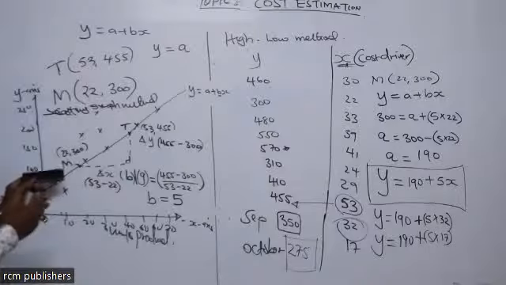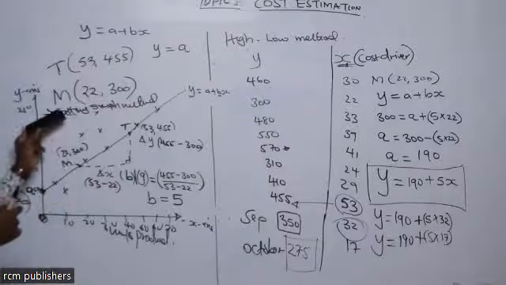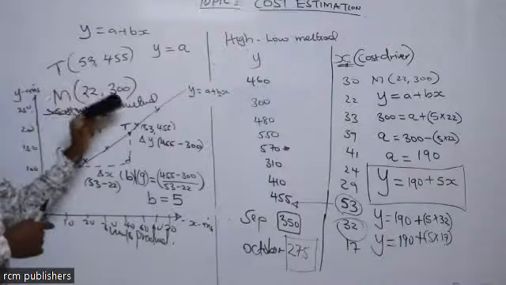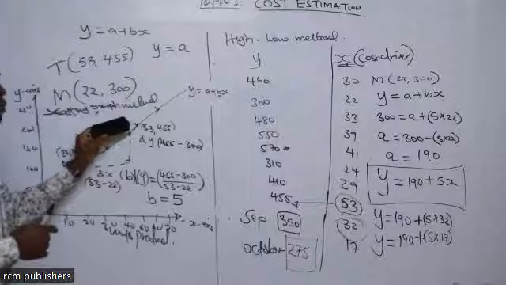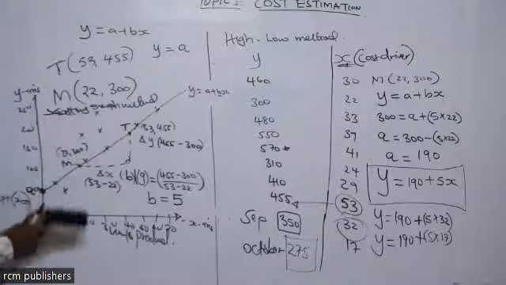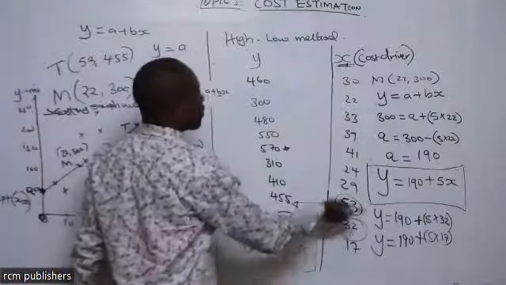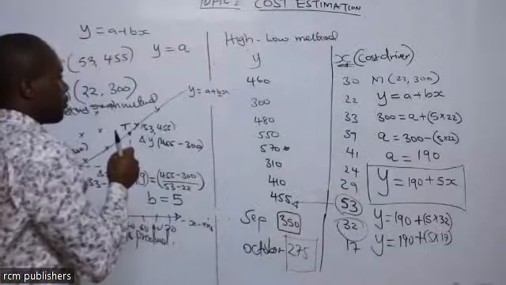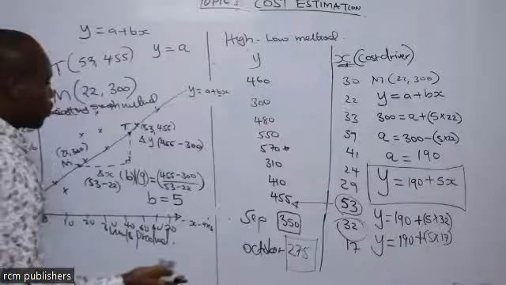I've given you that information going through the scattered graph method to help you understand, because in the scattered graph method you will be given the value of x and the value of y, and then you are told to plot, which we've done here.